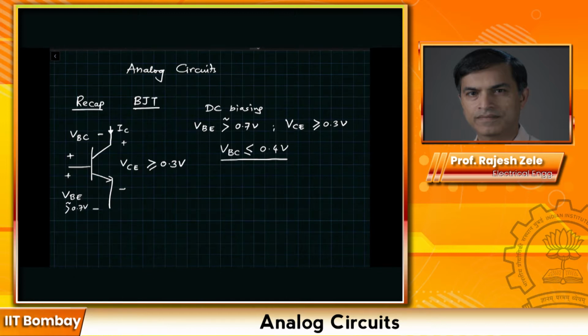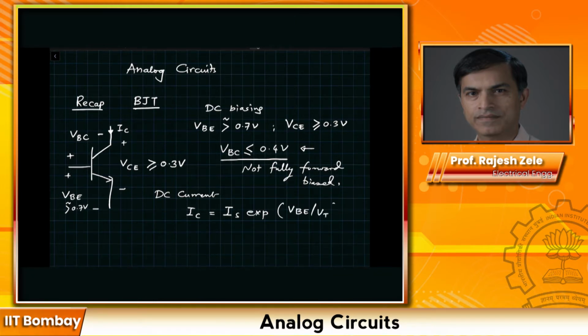It has to be reverse biased, but in the worst case scenario, it should be slightly forward biased. Ideally, we would like it to be reverse biased, but until this condition, we can call it the transistor is in forward active region. Collector current is given by IC equals IS exponential VBE divided by VT.